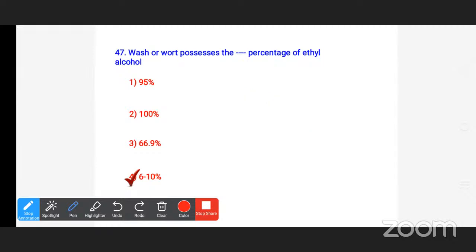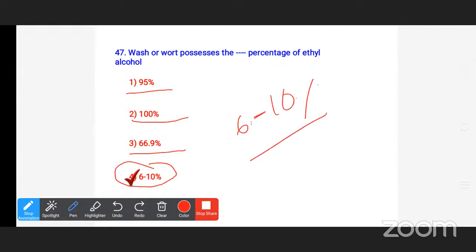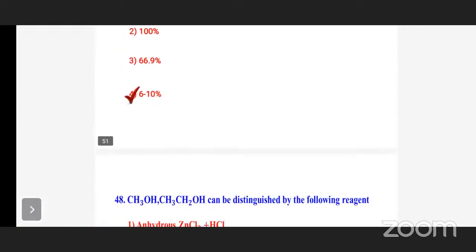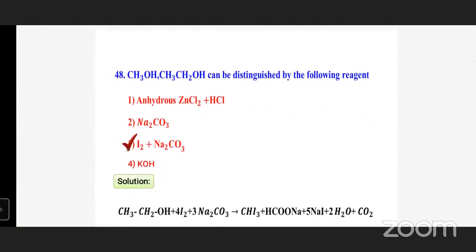In this wash, the percentage of ethyl alcohol: 95%, 100%, 66.9%, 6 to 10%. 6 to 10% ethyl alcohol is obtained in the fermentation process, that is called wash. So 6 to 10% is the right option.